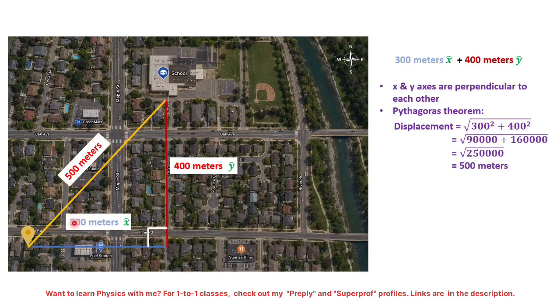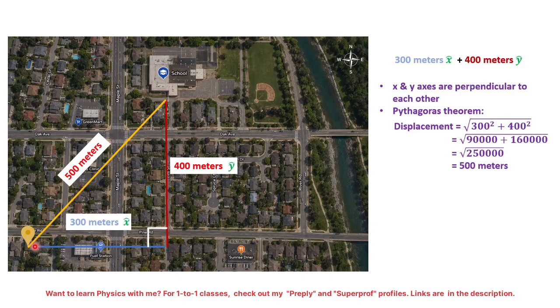So now you can see you are eventually reaching your school. But if you are moving like this, this is 300 meters, then 400 meters, so that will be 700 meters. This is the total distance if you are following this path. But if you are moving along this path, it is only 500 meters. So this is called displacement. This is the shortest distance between two points.